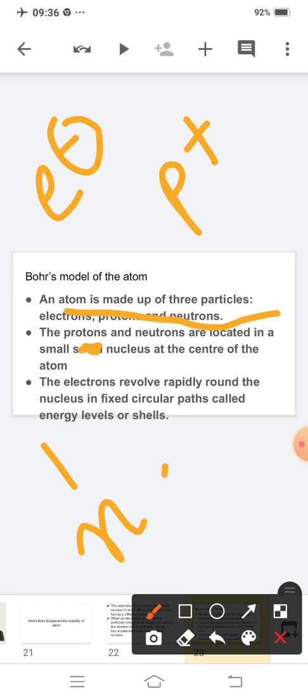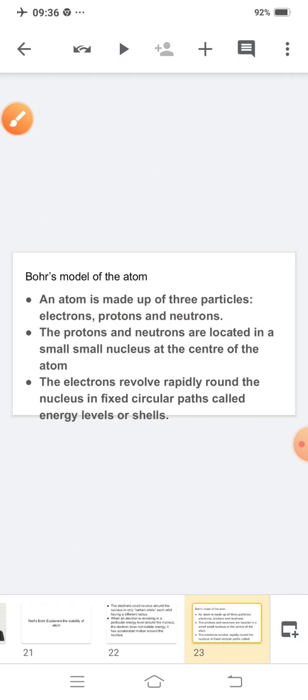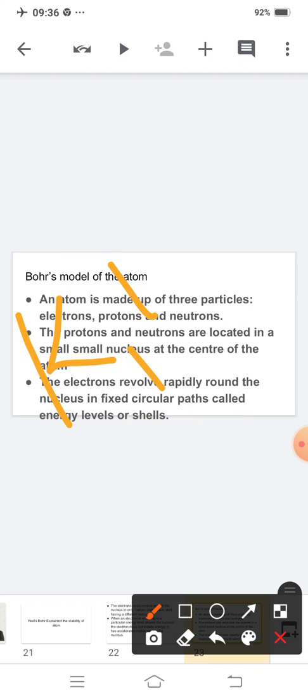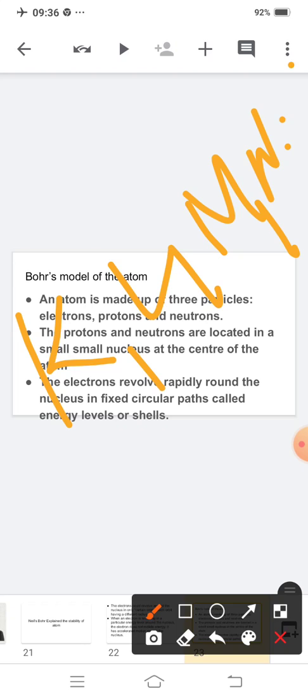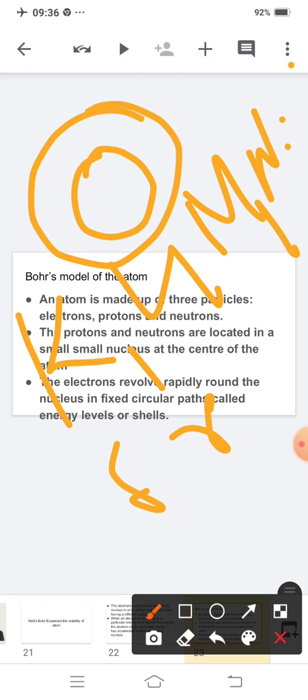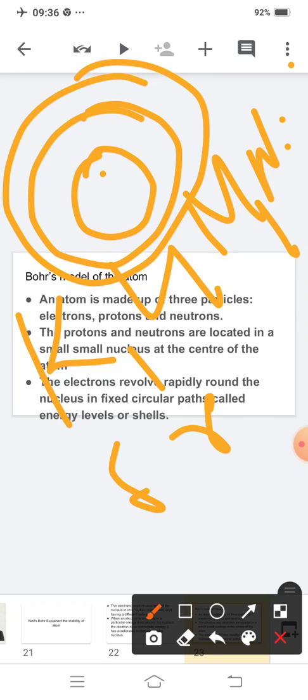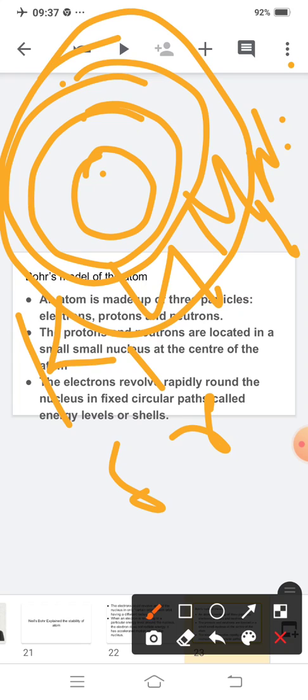You can represent either 1, 2, 3, or you can represent K, L, M, N, and so on, up to P. These energy levels are counted from the center outwards. See, this is 1, 2, 3, K, L, M, N, O, then P. Is this clear?